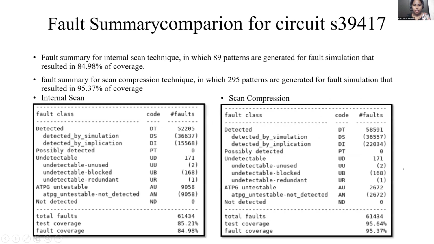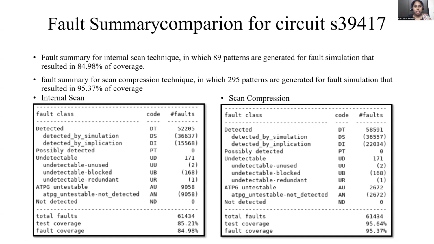No, this is the result after pattern generation, not after simulation. We have a coverage check. For internal scans, we have generated 89 patterns, which give us a coverage of 84.98%.